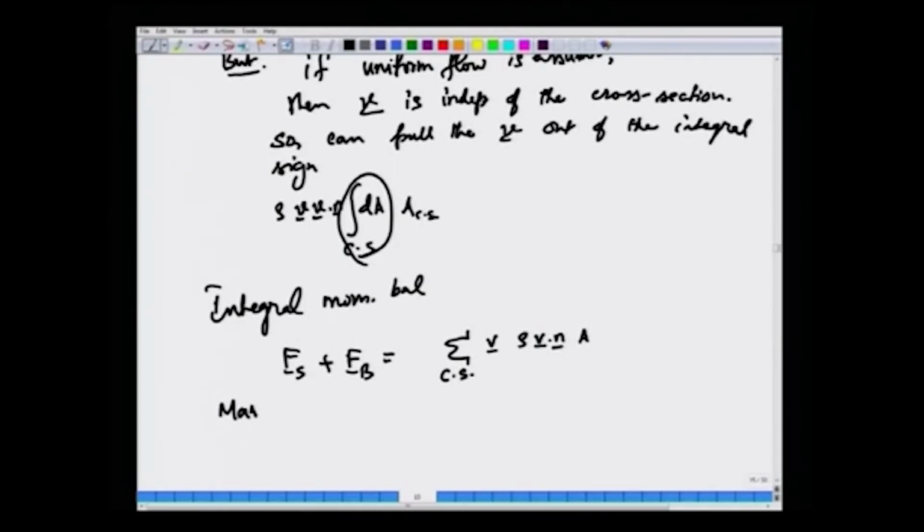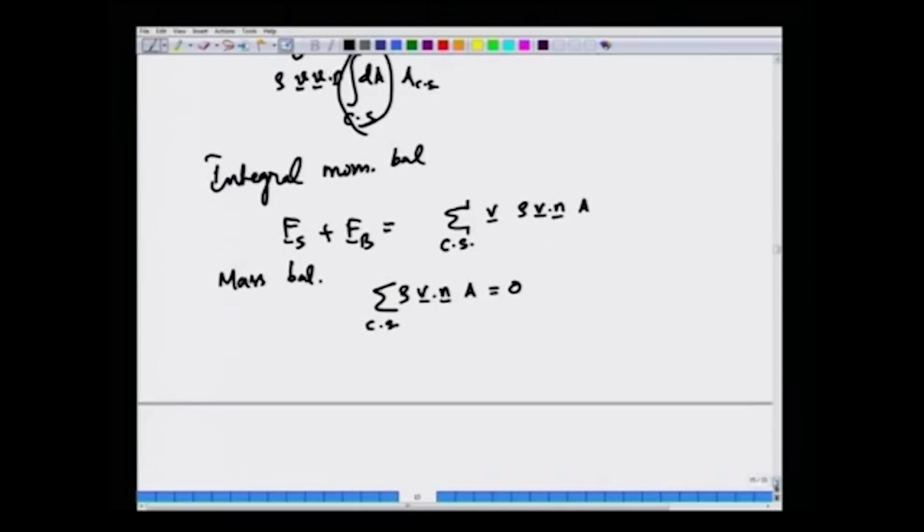The mass balance will simply reduce to the summation over C s of rho v dot n A is 0.